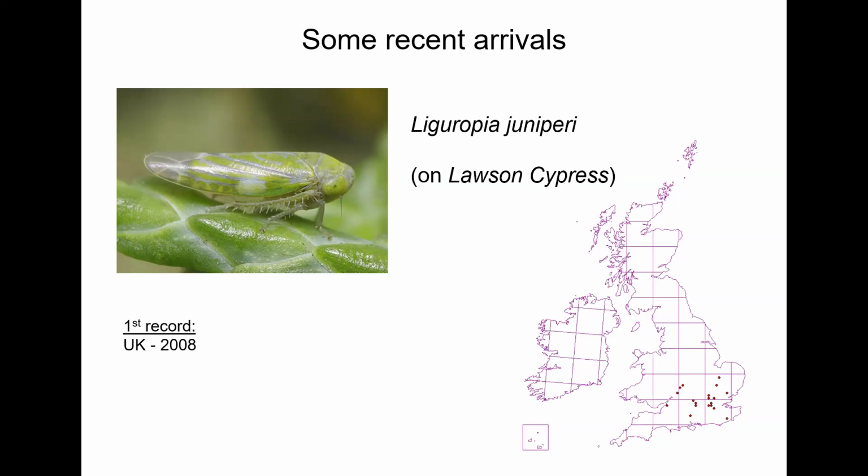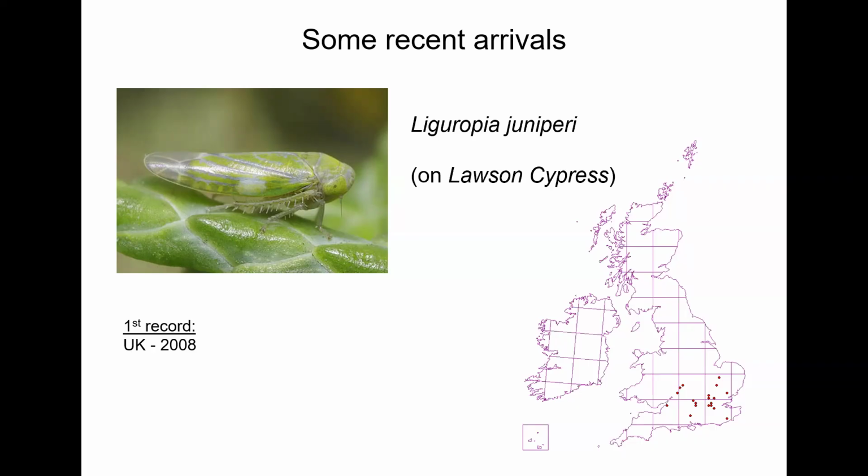So first appeared in London in 2008, now busy spreading throughout England at least, and is reasonably widespread. Feeds on everybody's favourite plant, Lawson cypress, this thing that people plant to shield themselves from their neighbours. And where it does occur, it can be very, very common.